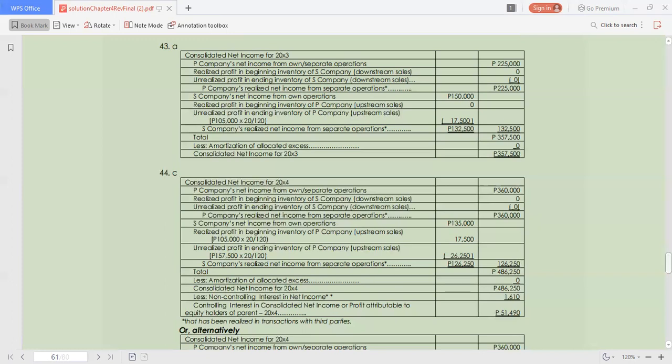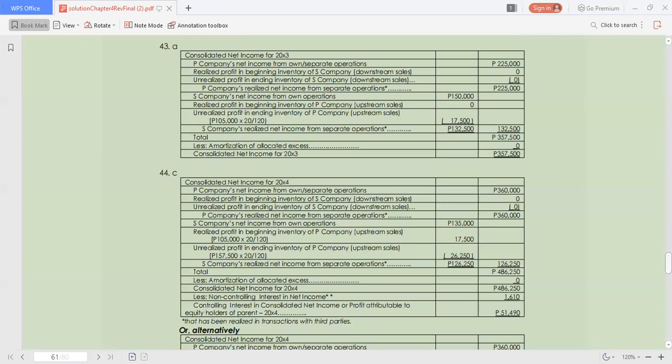The 486,250 is the consolidated net income. The amount assigned to the non-controlling interest is the difference after deducting the share of the non-controlling interest.